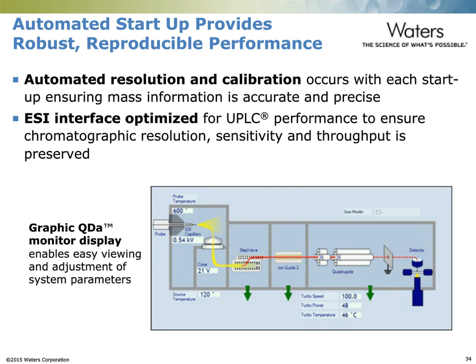In particular, one of the areas is the StepWave device, which is meant to improve the sensitivity. So even though the instrument is small and compact and easy to use, it takes advantage of a lot of the technologies we've incorporated in other instruments to enable users to collect meaningful and useful mass data on a regular and routine basis.